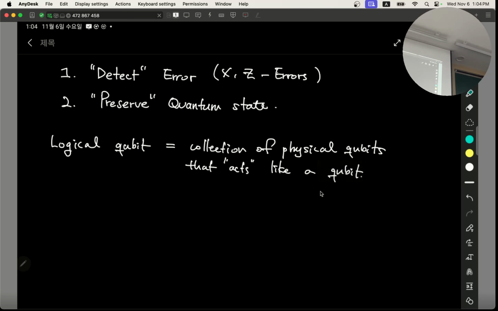As long as this collection acts as a single qubit, conveying the same information as the physical qubit conveys, we can consider it a qubit, but it's not a real physical qubit, so we call it a logical qubit.